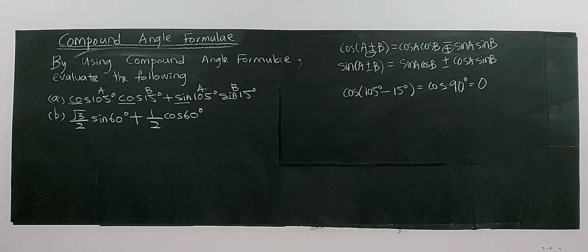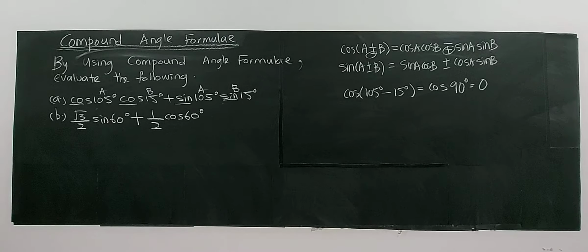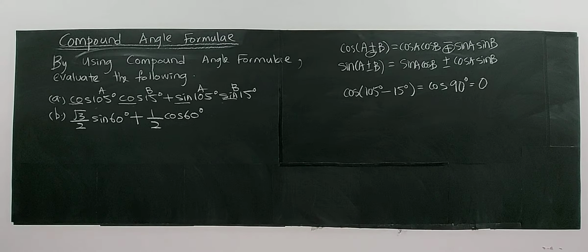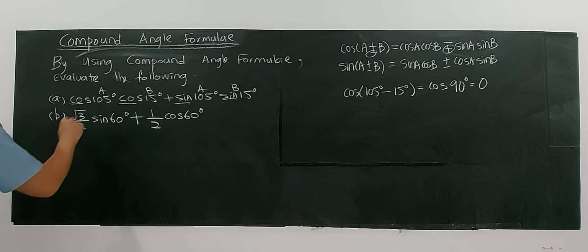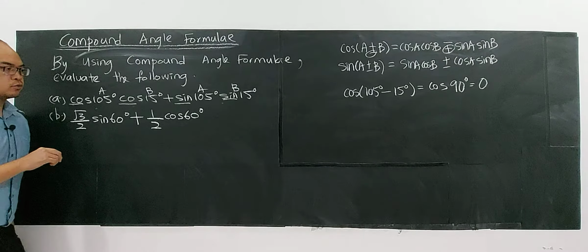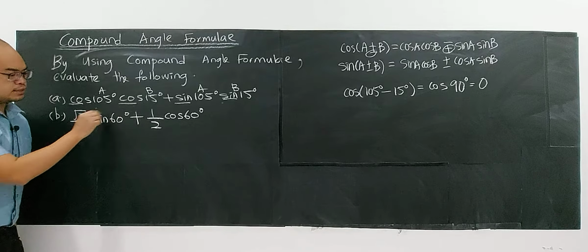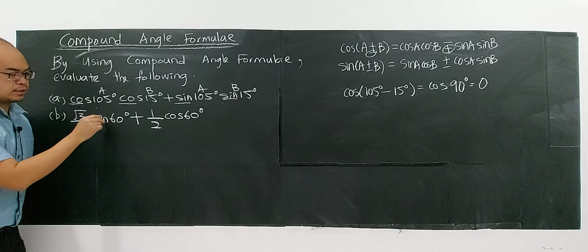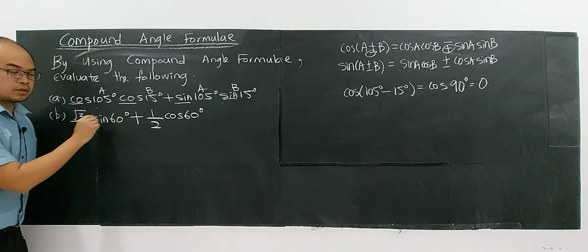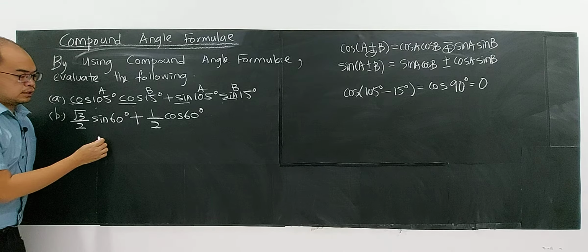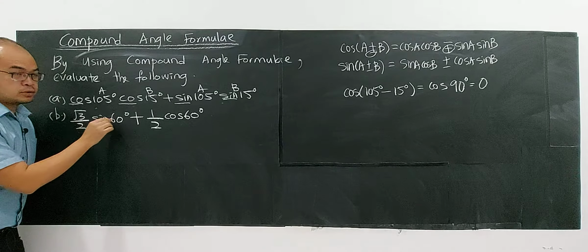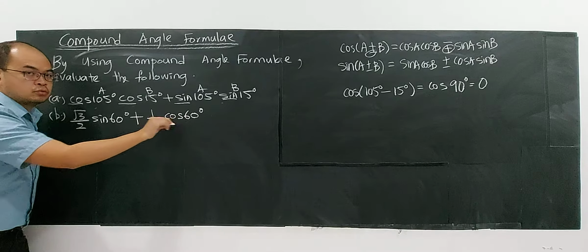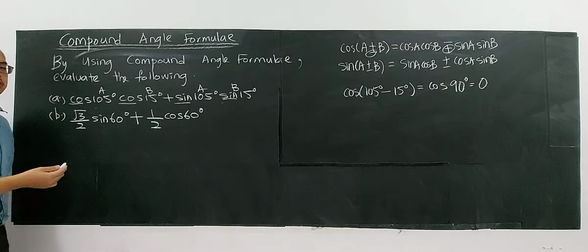So let's see the example part B. For part B, there are two ways. You can easily evaluate this by using the special angle values, square root of 3 over 2 and 1 over 2, right?